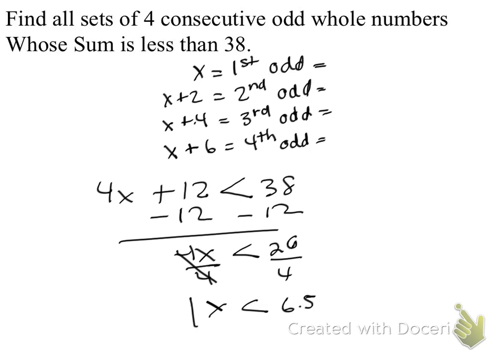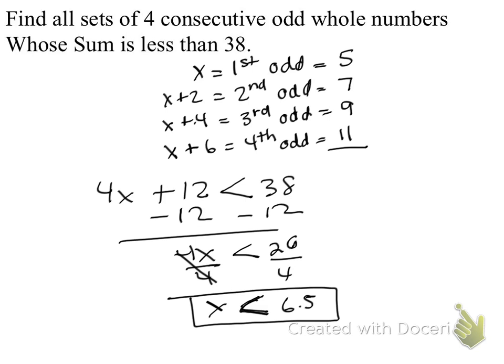Because we have to follow the rule of this, which means I have to go to the closest odd integer less than 6.5. So that would be a 5, not a 7. And if that's 5, this would be 7, and this would be 9, and this would be 11. If you add them all up, 11 and 9 is 20, 32.